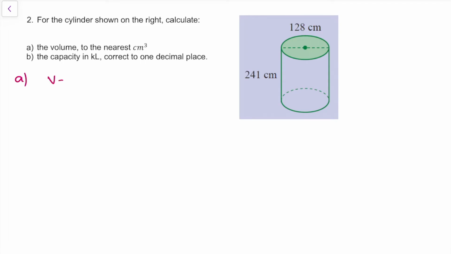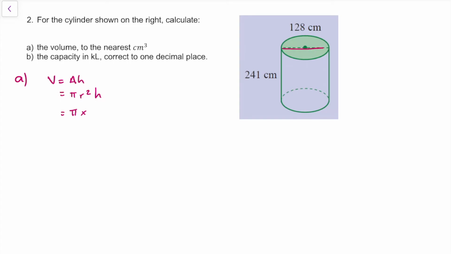So V equals AH. Now, we have our circle for our face, so we're going to have pi r squared h. So it's going to be pi times the radius.